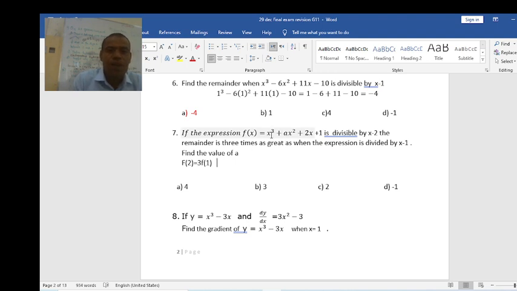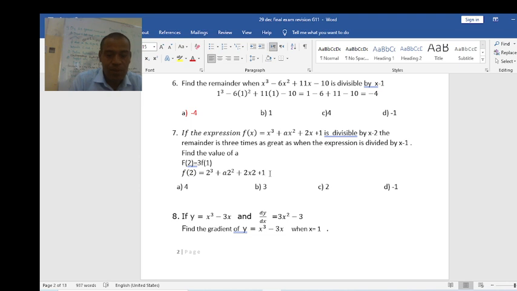So f of 2 is what? I will just substitute x by 2. It will be 2 to the power 3 plus a times 2 to the power 2 plus 2 times 2, plus 1.